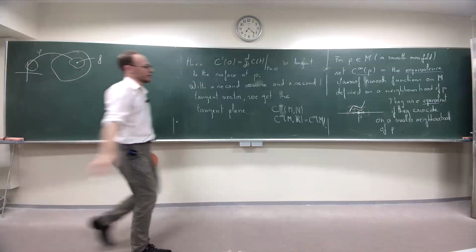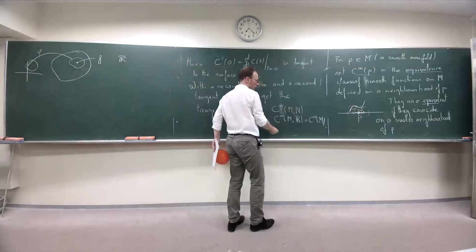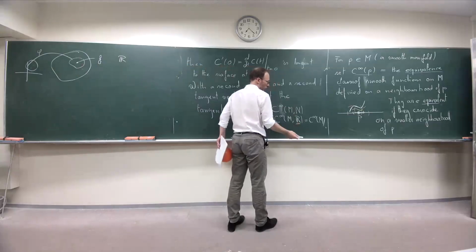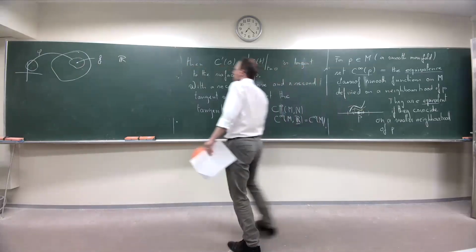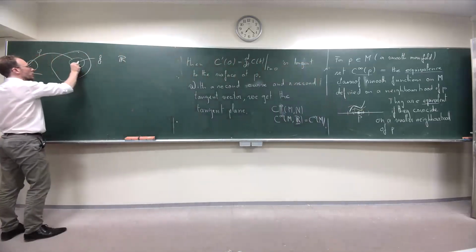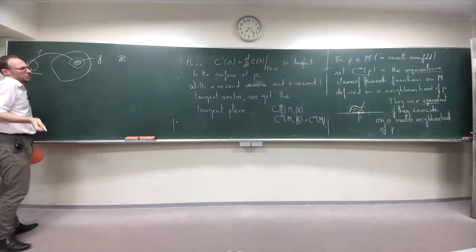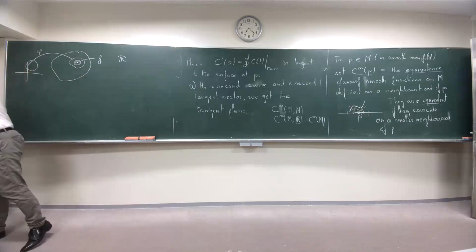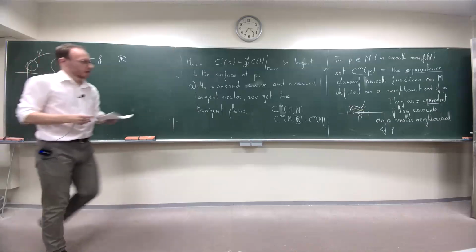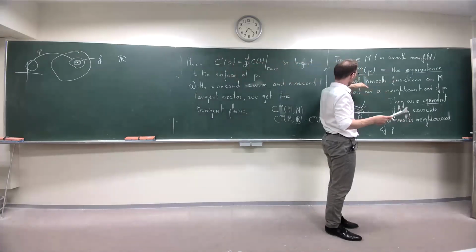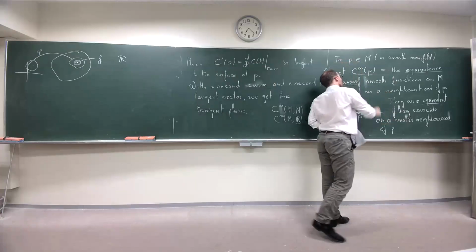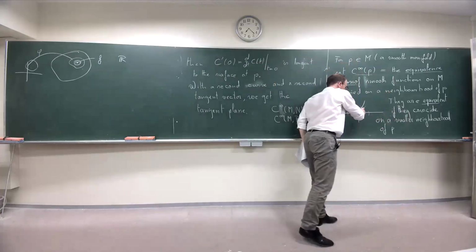In the case it's only one manifold, we did it. I will use this notation. And now I'm only interested in functions which are defined around one point P. So I need this C infinity of P, the equivalence classes of smooth functions defined around P.